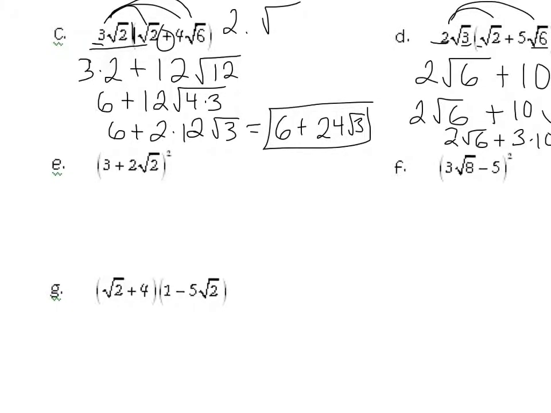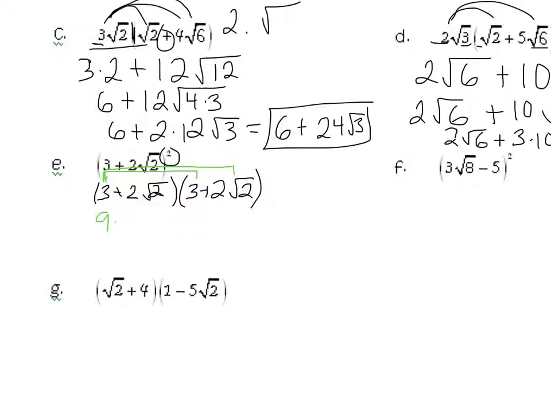Now we've got to do FOIL. So if you feel comfortable trying it, please do. You can always check your answers. 3 plus 2 square roots of 2. Remembering that when you have a squared here, that you have to multiply it by itself. Now we have to FOIL. First times first. 3 times 3 is 9.